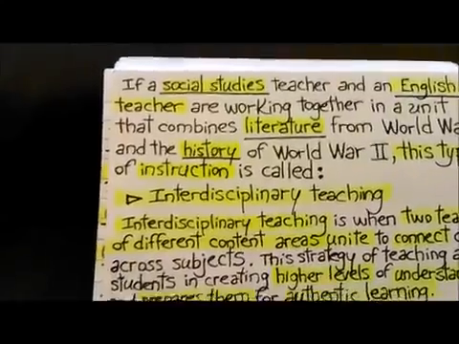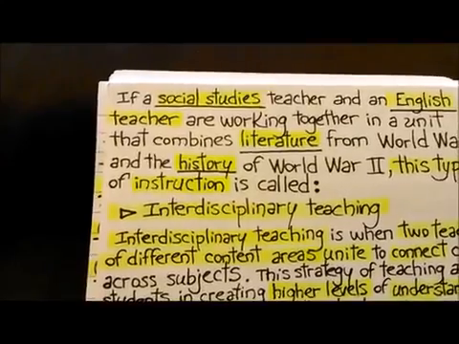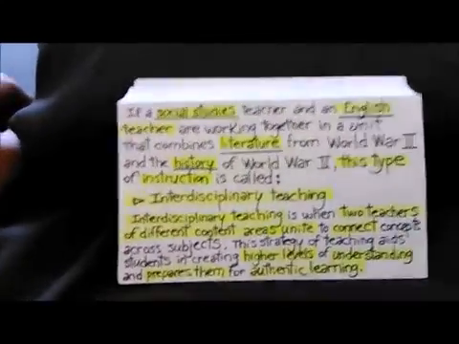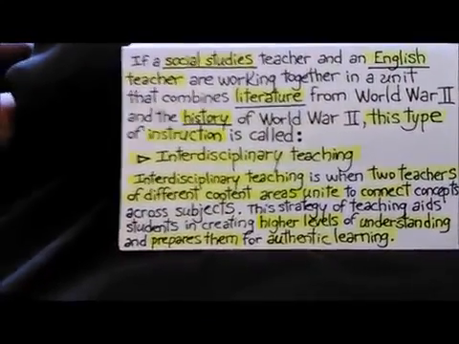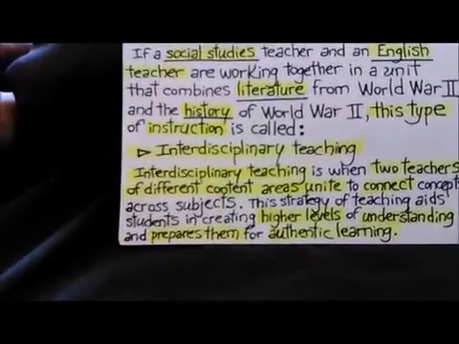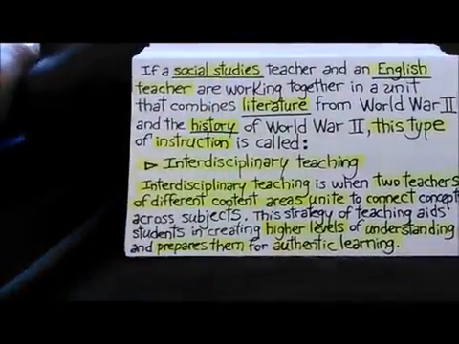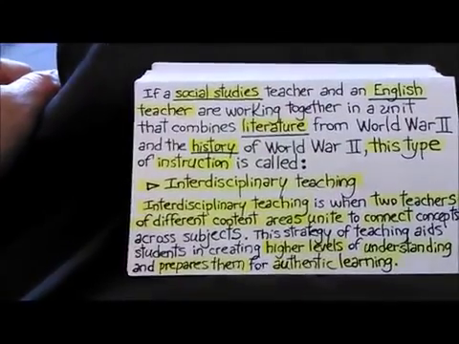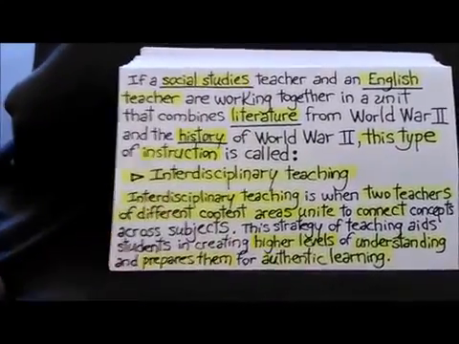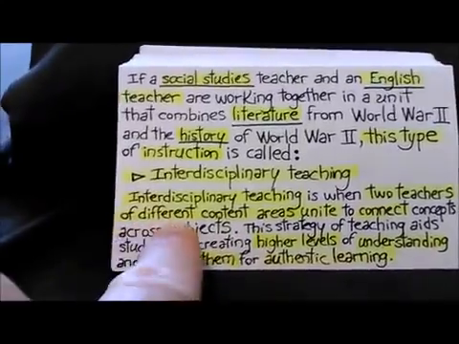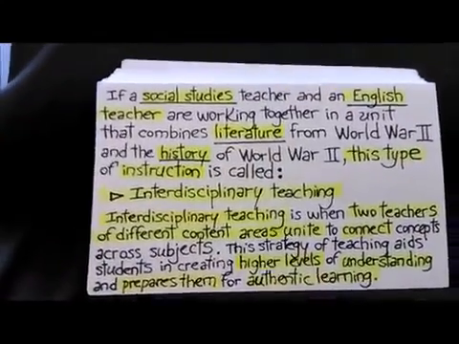If a social studies teacher and an English teacher are working together in a unit that combines literature from World War II and the history of World War II, literature and history, this type of instruction is, of course, interdisciplinary teaching, because interdisciplinary teaching is when two teachers of different content areas unite to connect concepts across subjects.